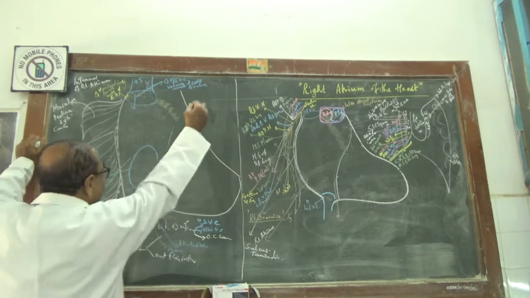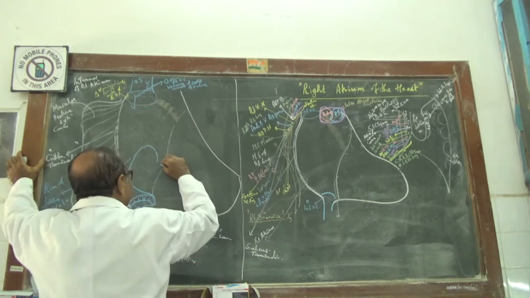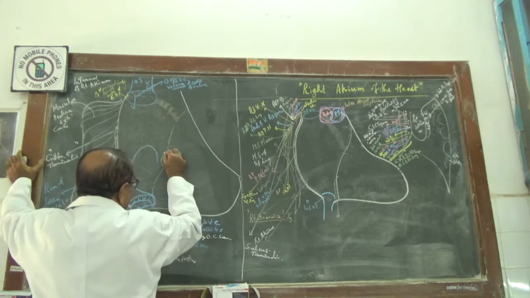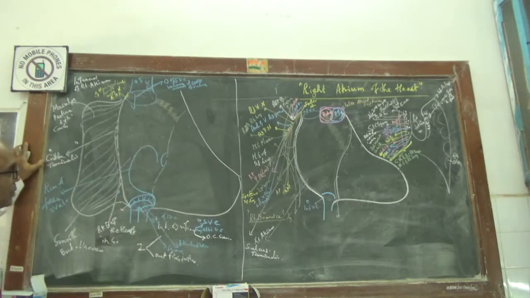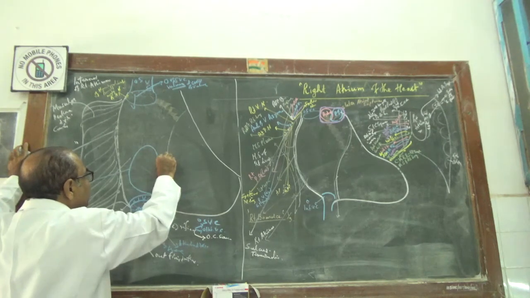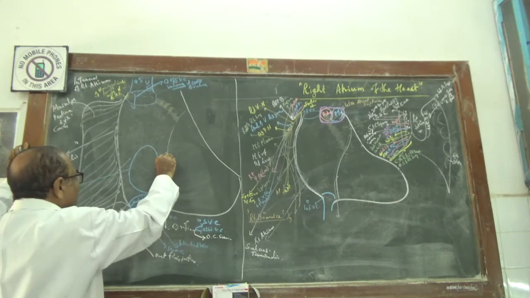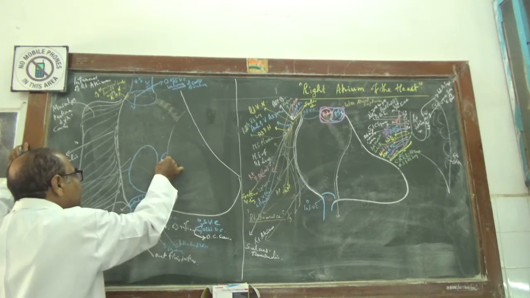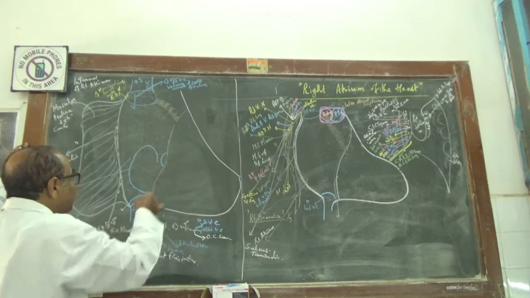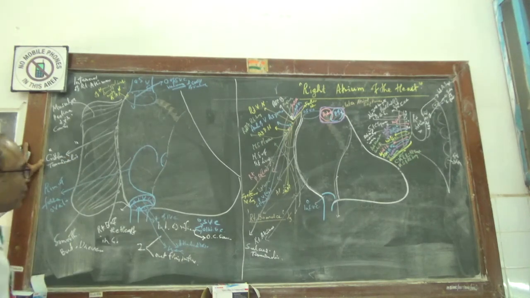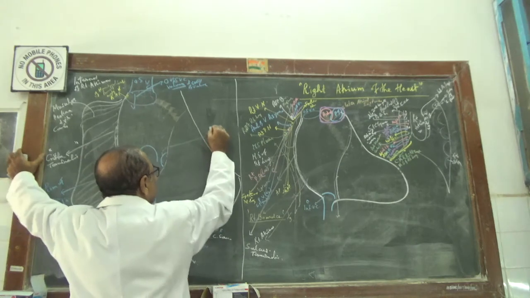The coronary sinus orifice is a small orifice present to the left of the limbus of the fossa ovalis, and above and to the left of the orifice of the inferior vena cava.